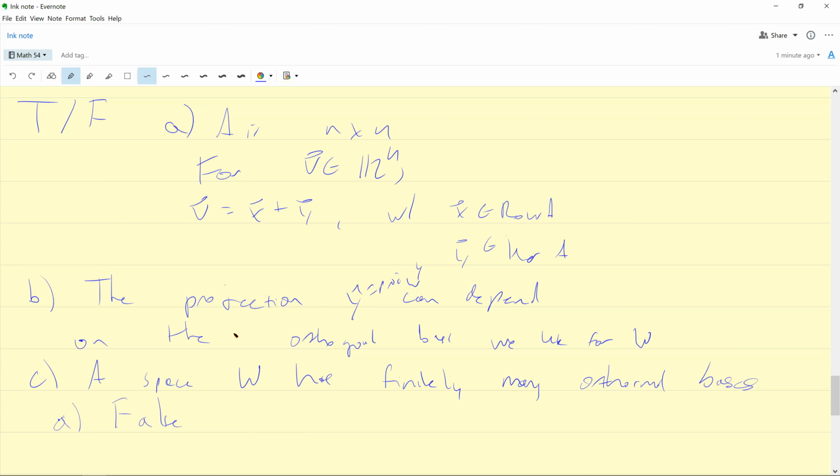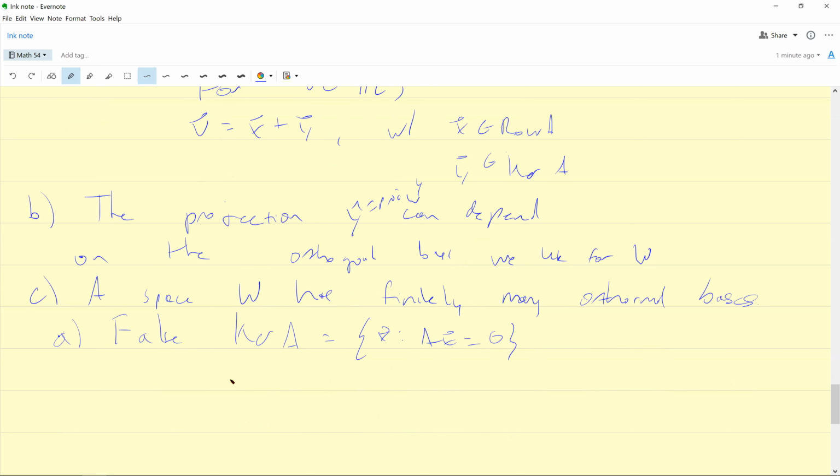Kernel A is a set of vectors x that map to 0, and this is the row vectors of A. It's also the column vectors of A transpose.